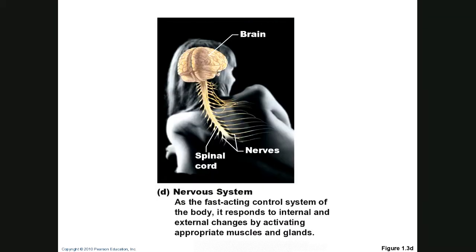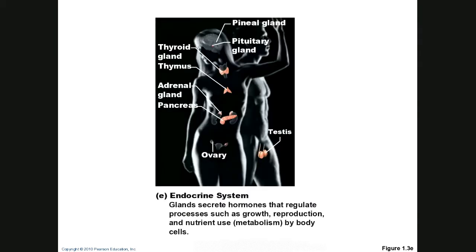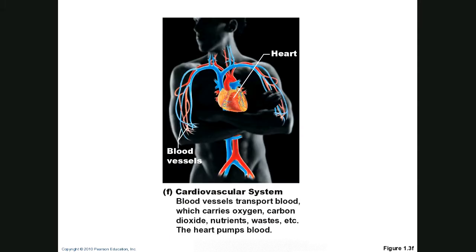The nervous system is responsible for controlling everything that you do or think, everything about you. The endocrine system is a system of hormones. Hormones are released from the gland into the bloodstream, and then they act on things that have receptors for those hormones.